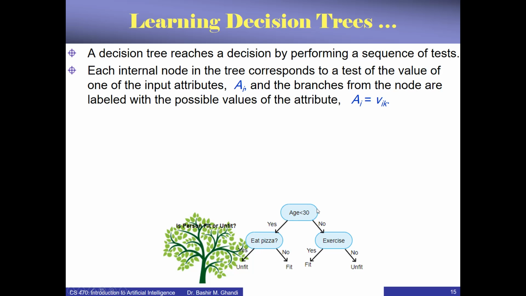Okay, so the first thing we check in the root node here is the age. Is he aged less than 30? In other words, is he young and energetic, or is he getting old if it's greater than 30? So you can see the branches are labeled with the two possible outputs, yes or no.